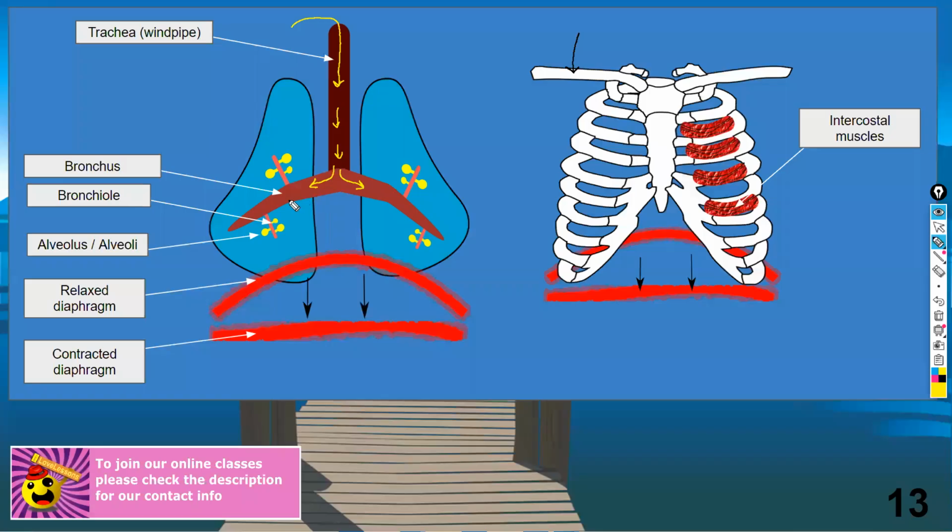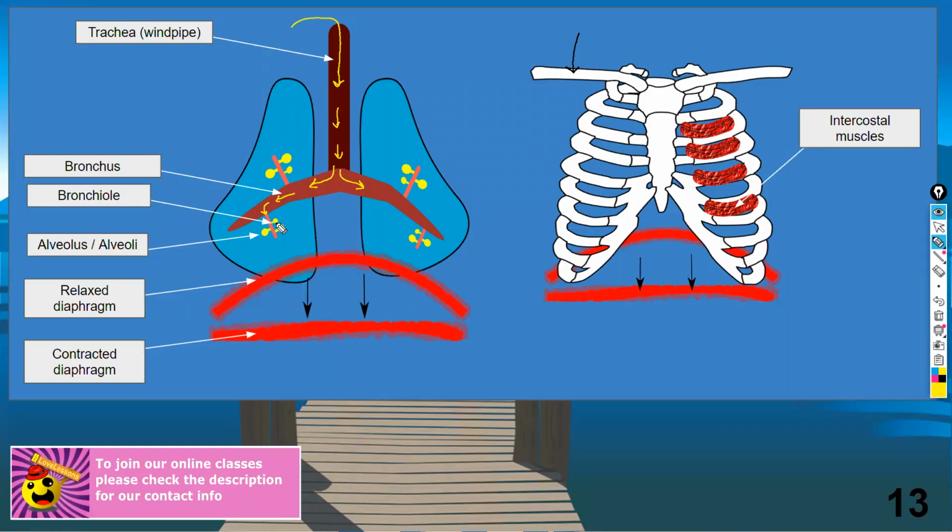So when the bronchus splits into smaller pieces, you notice the little orange lines here. That's called the bronchiole. Okay. Now, when that happens, it eventually goes into these small little bubbles. The bubbles are called the alveoli, that's plural, and the alveolus is what?